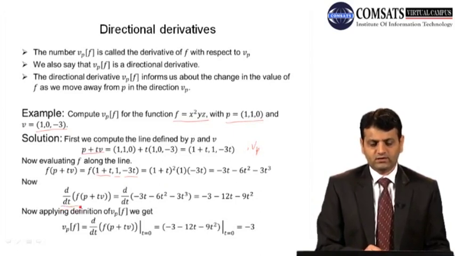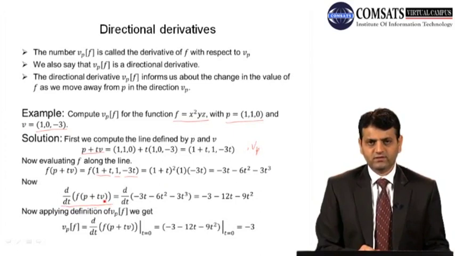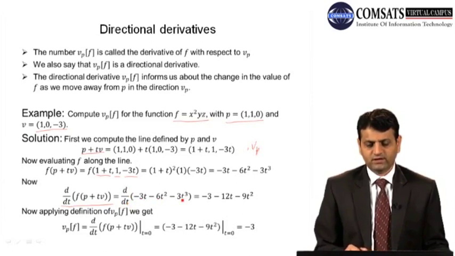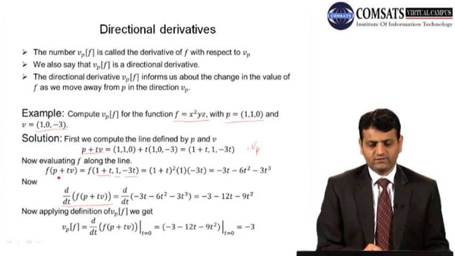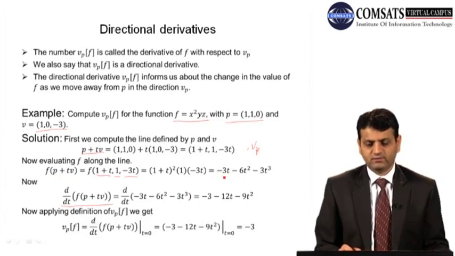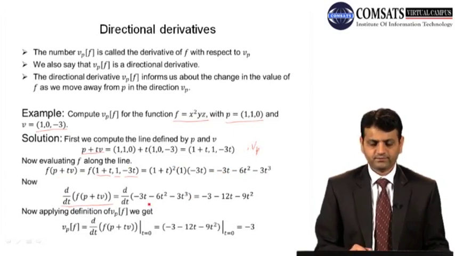Now once again, according to the definition, we need to calculate d by dt of f of p plus tv. And what is that? It's the same as d by dt of minus 3t minus 6t square minus 3t cube, because we just calculated what f of p plus tv is.